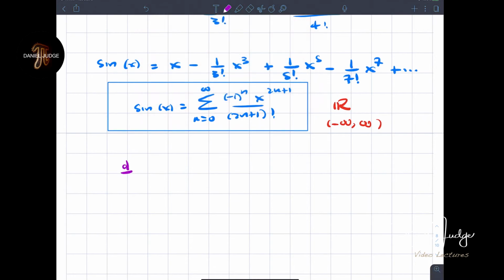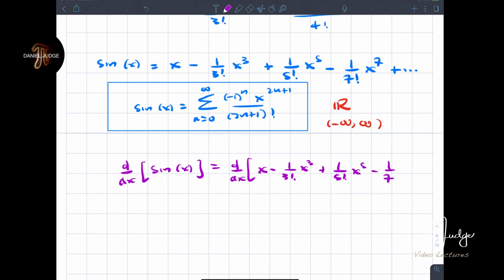that if I use some calculus and I differentiate a power series, x minus 1 over, I guess I could do the following. Yeah, let's do this one. 3 factorial x cubed plus 1 over 5 factorial x to the 5th minus 1 over 7 factorial x to the 7th, and that goes on forever.